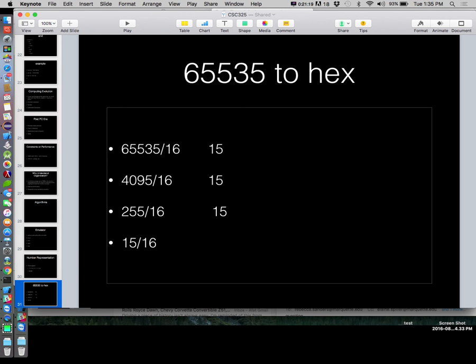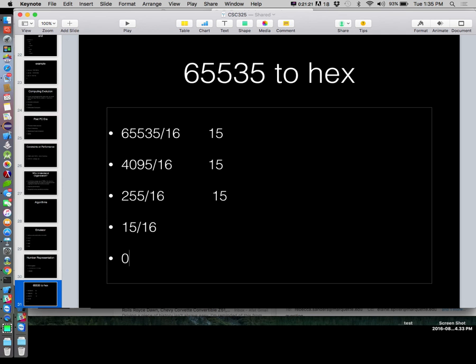How many times does 16 go into 15? 0 times. 0 times 16 is 0, with remainder 15 to get us back to 15. And we know we're done because we're at the 0. Then we read our answer from bottom up. So our answer is 15, 15, 15, 15, where this 15 is this guy, this 15 is this guy, and so on and so forth.